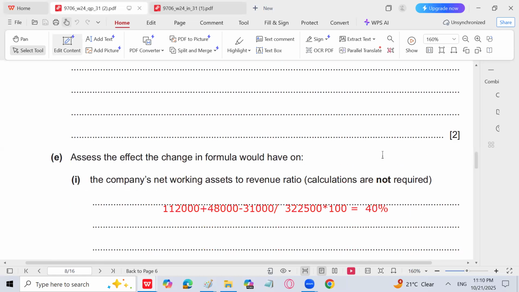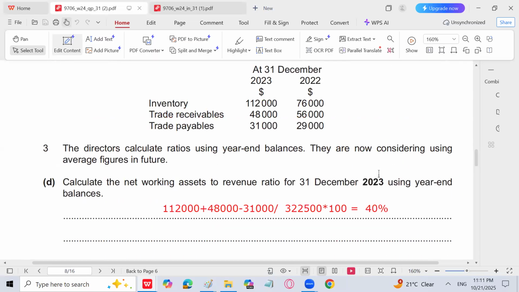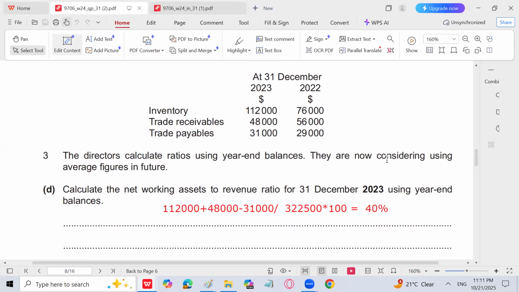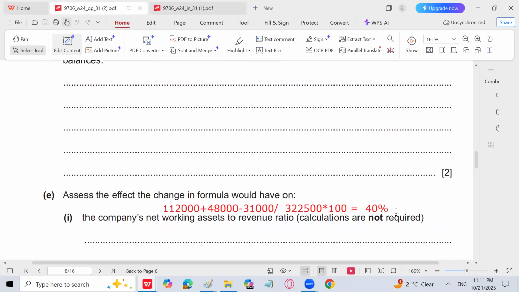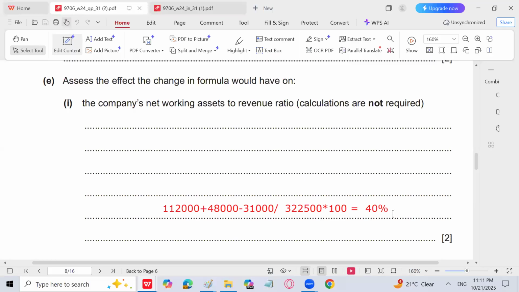If you go with the average figure, the net working assets will decrease, because inventory is higher but the opening inventory was lower. It means that you are getting more sales by utilizing your net working assets.